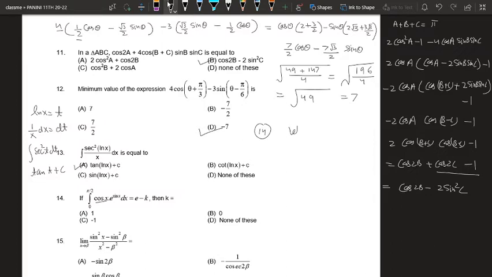So if we let sin x equal to t, its derivative cos x dx is equal to dt, and substituting in the given problem, this becomes e raised to power t dt, and this is e raised to power t.